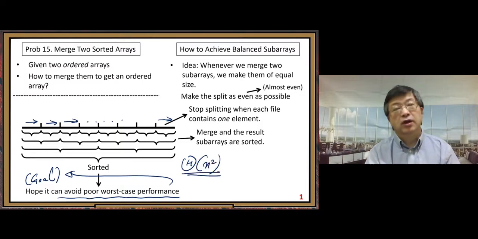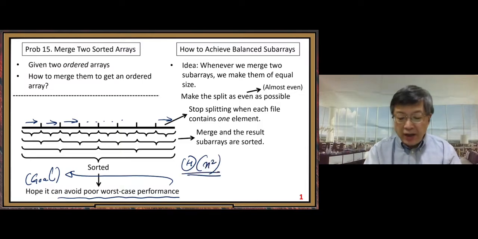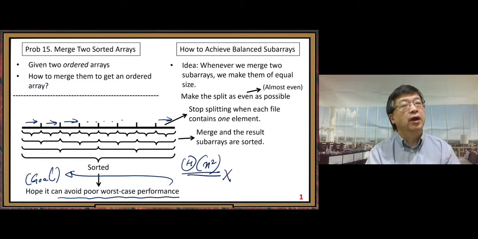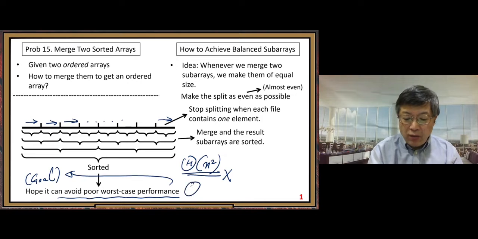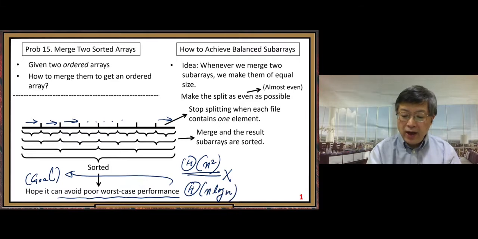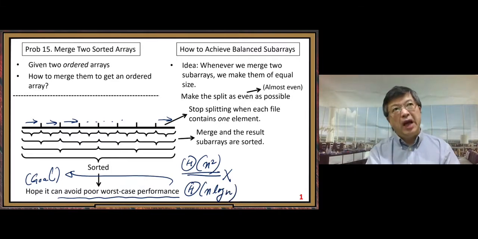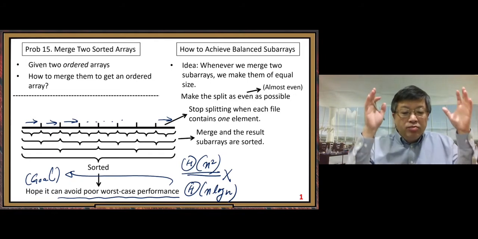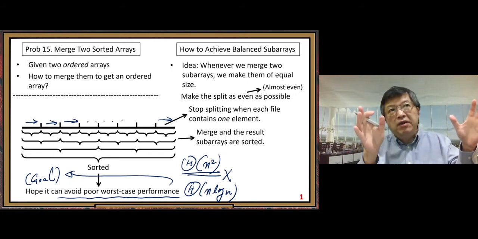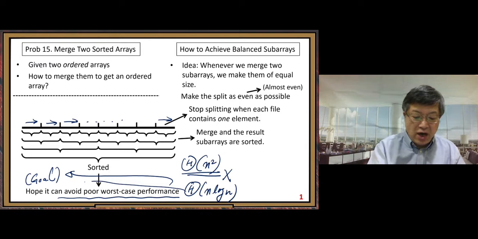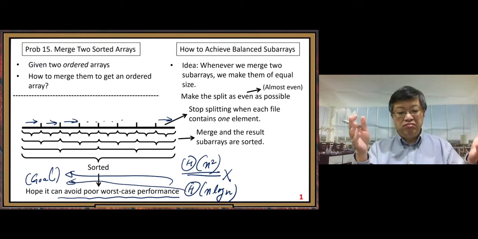That's not good; we do not like this. Our goal, more specifically, is a worst case efficiency of n log n. We hope this merge sort can give us this kind of worst case.